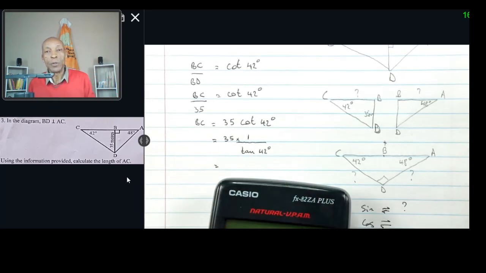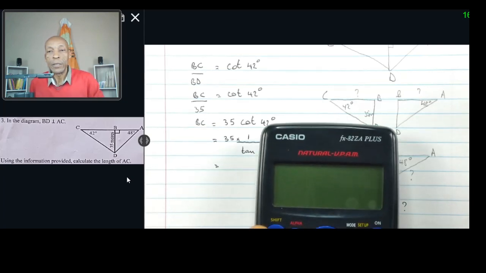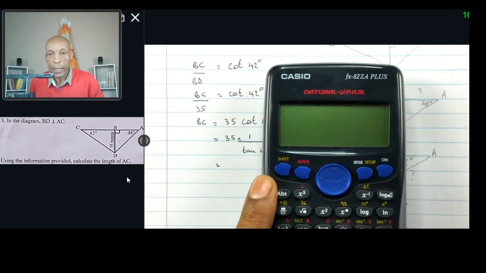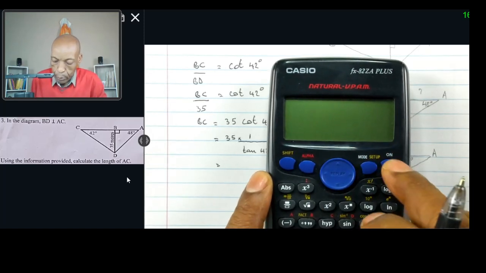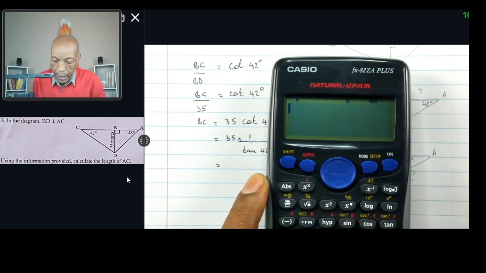So I am going to put this here, and what am I going to put? I am going to put on 35. Then I am going to times it by what?